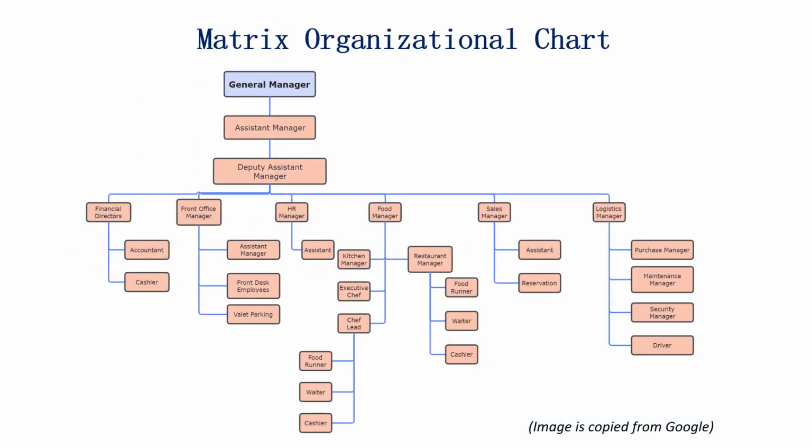A matrix organization is a company structure where teams report to multiple leaders. The matrix design keeps open communication between teams and can help companies create more innovative products and services.